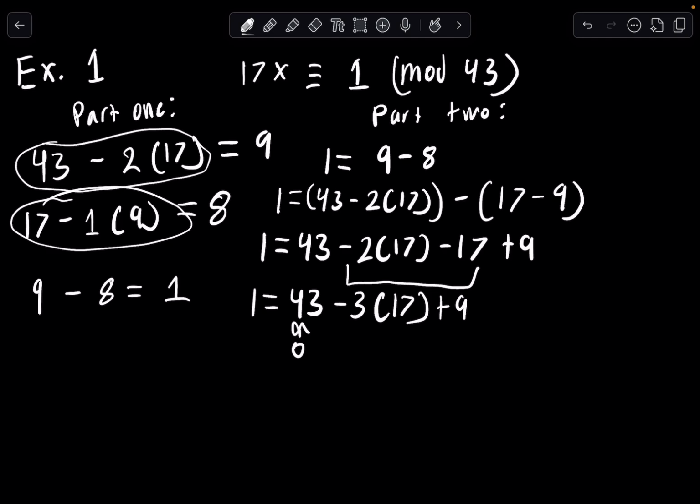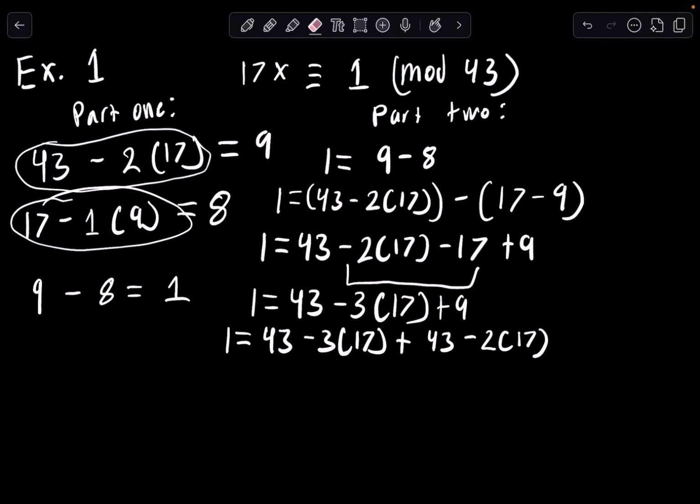I'm not going to do that yet, because we're still left with this plus 9 over. So we're going to replug in 9 one more time. So it'll be 1 equals 43 minus 3 times 17 plus 43 minus 2 times 17.